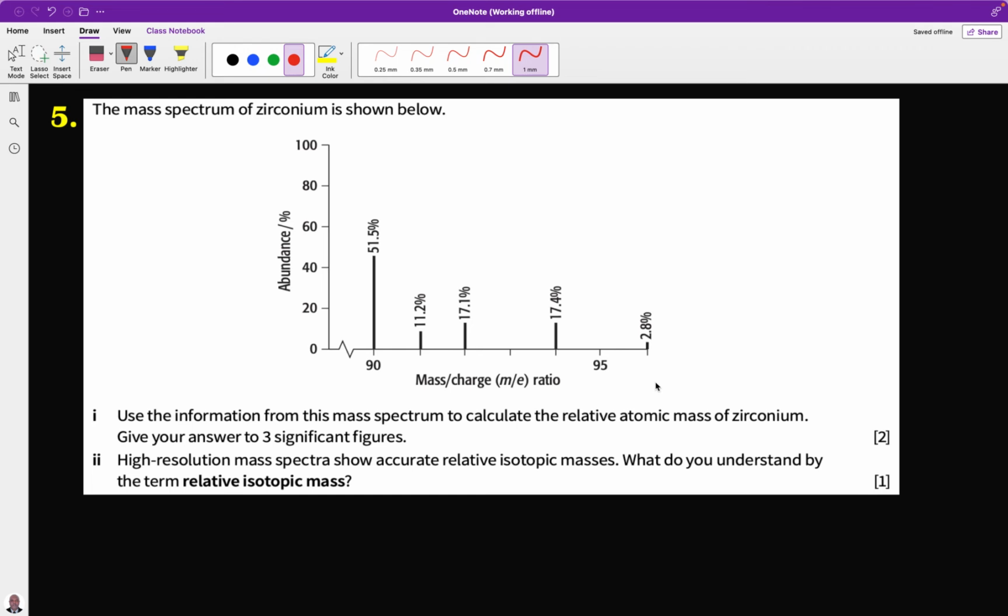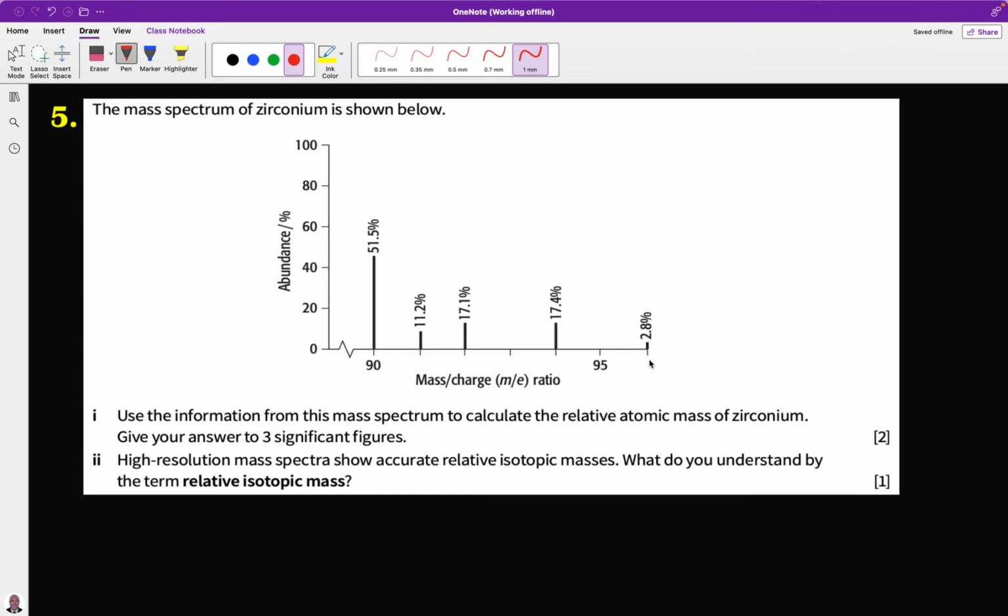In this case, the percentage abundance is 51.5 and the atomic mass unit is 90, plus 11.2 with mass unit 91, plus 17.1 with mass unit 92, plus 17.4 with mass unit 94.